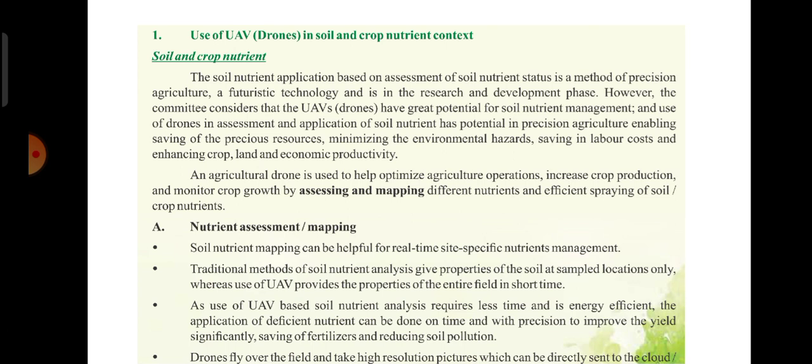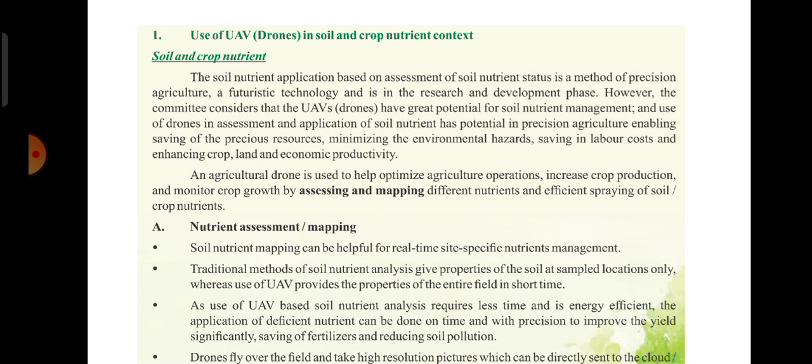Traditional method of soil nutrient analysis gives properties of soil at sampled locations only, whereas the drone-based operation provides properties of the entire land in short time. As the drone-based soil nutrient analysis requires less time and is energy efficient, application of deficient nutrients can be done on time and with precision to improve the yield significantly, saving fertilizers and reducing the pollution of soil.